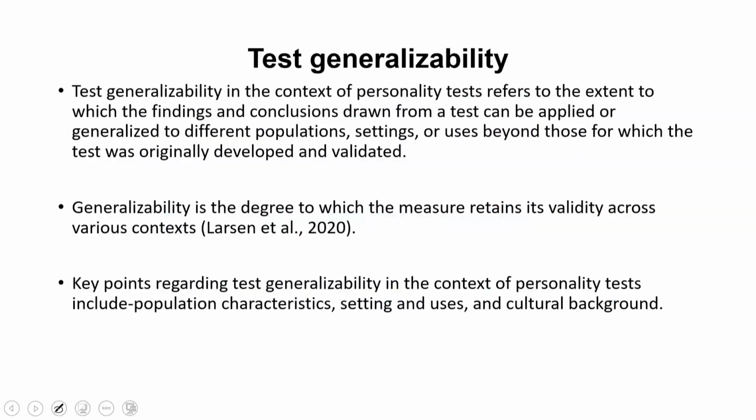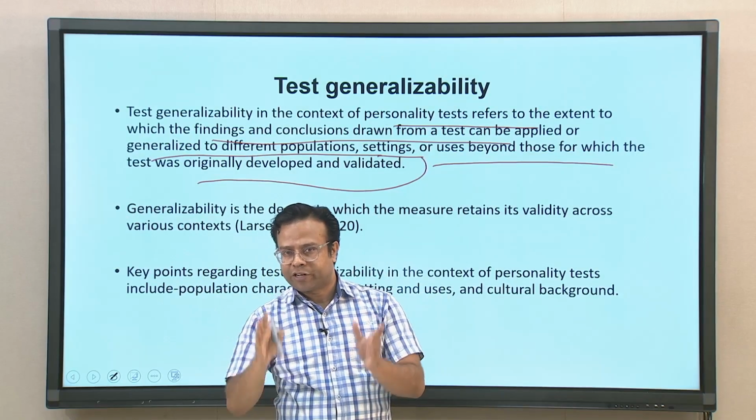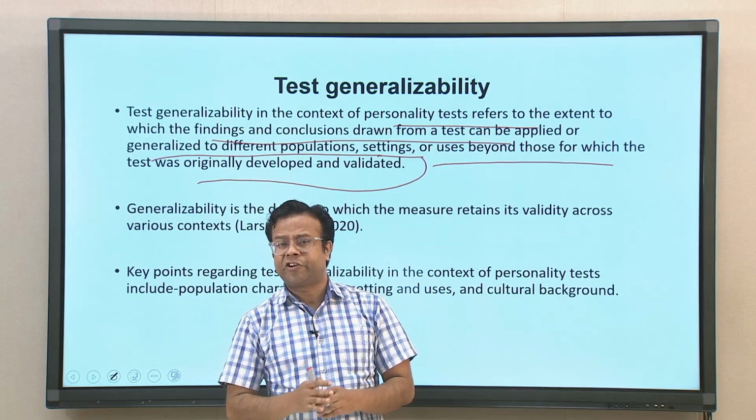Test generalizability in the context of personality refers to the extent to which the findings and conclusions drawn from the test can be applied or generalized to different populations, different settings, and used beyond those in which it was originally developed and validated. Can it be used in other contexts also? Whatever context it was developed in, can it be generalized to other contexts? So, that is the meaning of test generalizability.